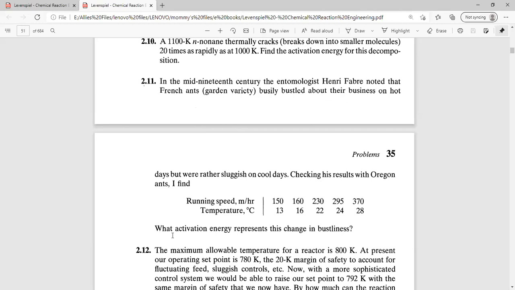Checking his results with Oregon ants, he compared this, and found the running speed in meters per hour for the temperature recorded. What activation energy represents this change in bustliness? I give you a minute or so to read the problem again and understand what it's talking about and what it's asking from you.